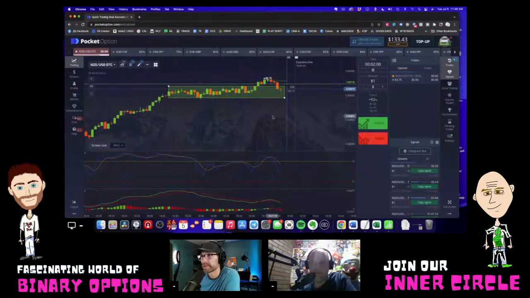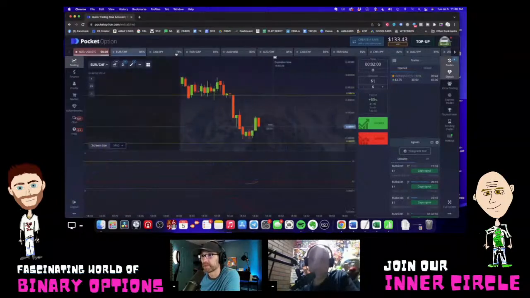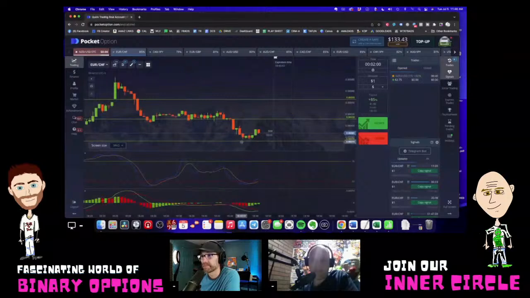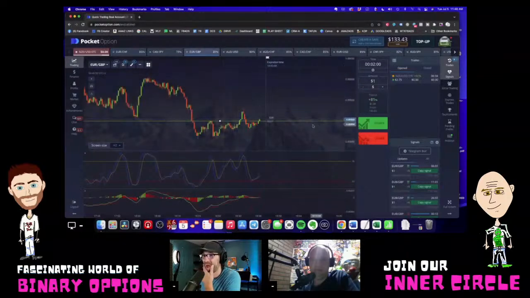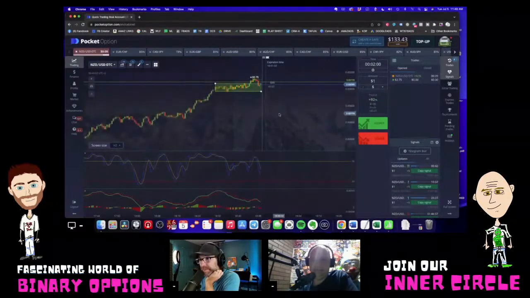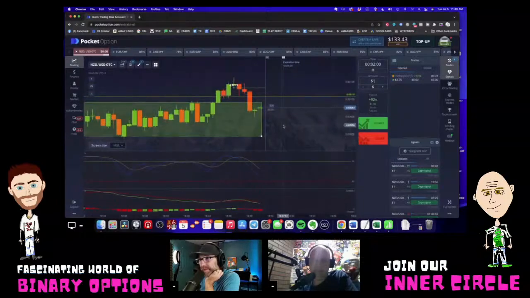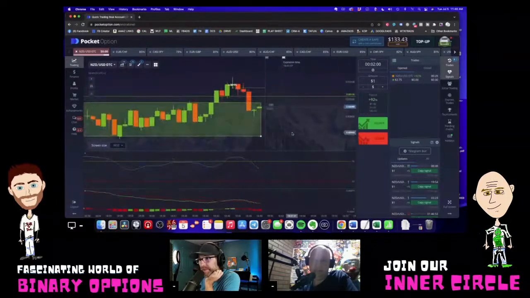It's got a double cross. It's bounced off that 45 seconds. Yeah, I'd be surprised if that went back up. What's it doing now? Okay. That red candle just shot down.